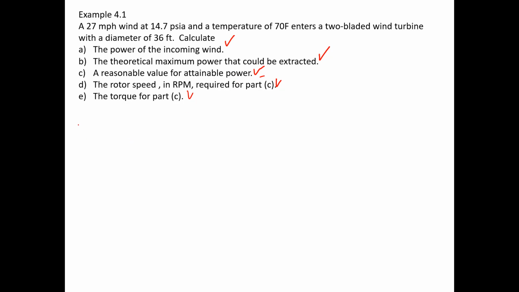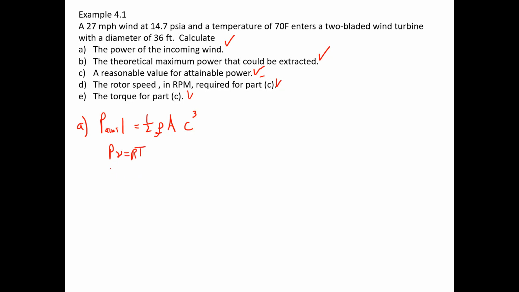So let's go ahead and start with the available power from the wind. From earlier, we derived that available power will be 1/2 air density times sweep area times wind speed cubed. Now, in order to get the air density, we can use the ideal gas law.